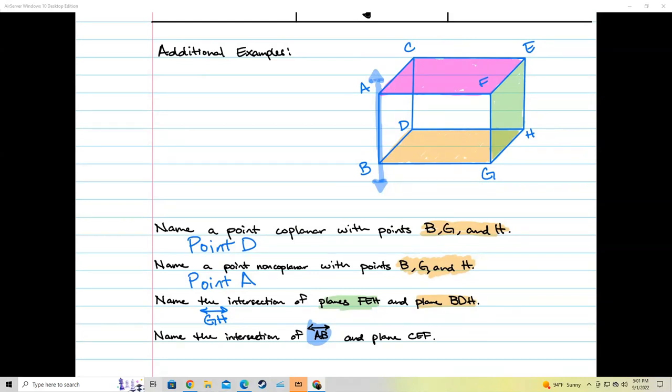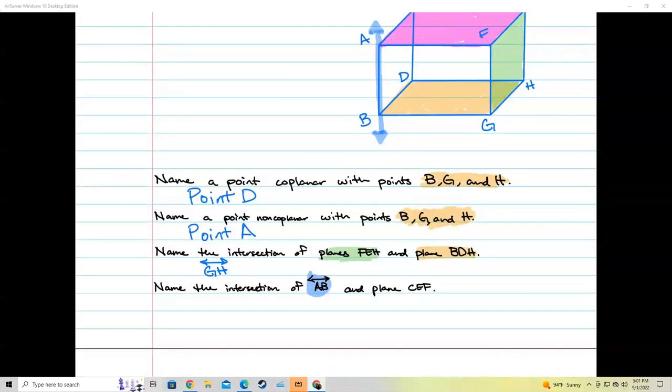And I'm going to see, where did these cross? Well, here's this line, and it looks like this line is only touching right here at this corner, which is only a singular point, and I'm going to call it point A. So line AB intersects with plane CEF at point A.